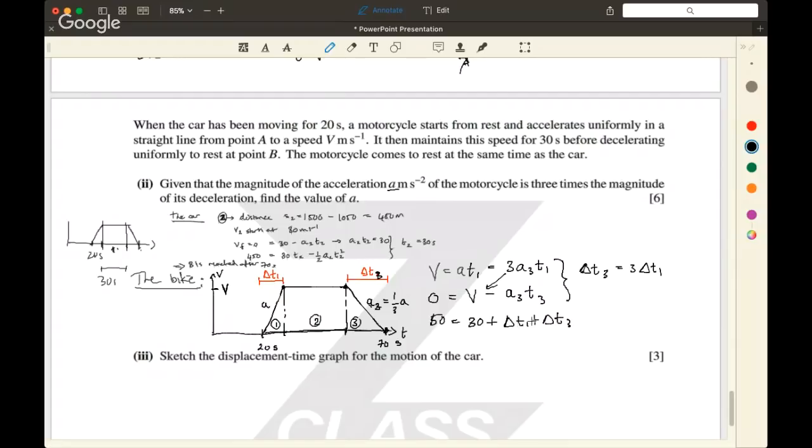And delta T3 we've just shown is 3 times delta T1. So this is equal to 30 plus 4 times delta T1. We can solve that and get that delta T1 is equal to 5 seconds. And therefore delta T3 is equal to 3 times that, which is 15 seconds.